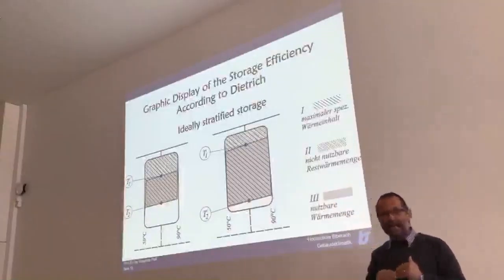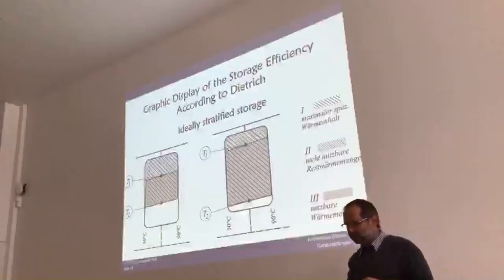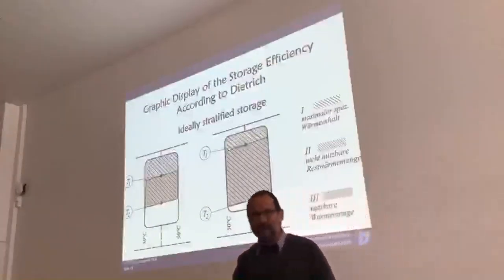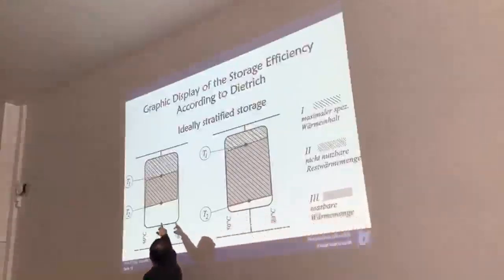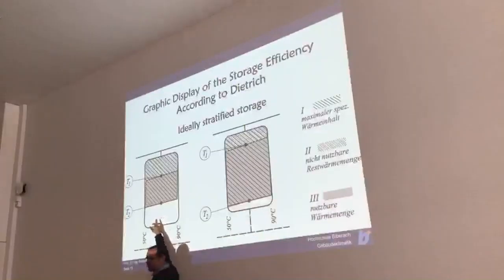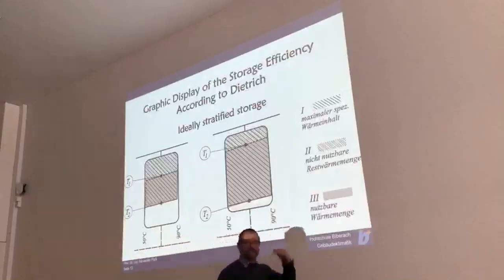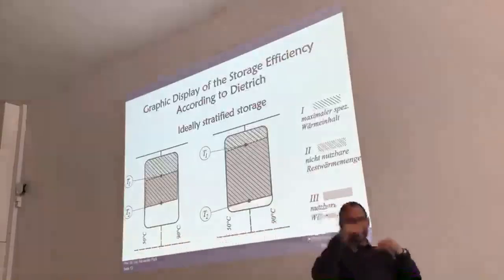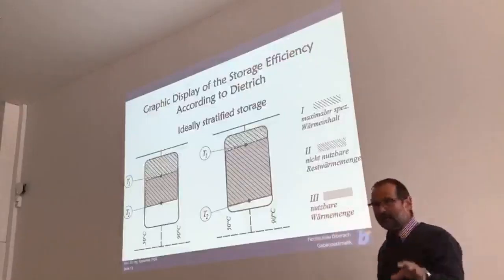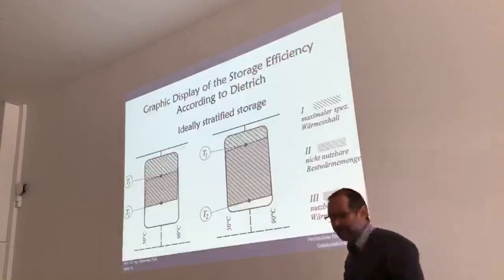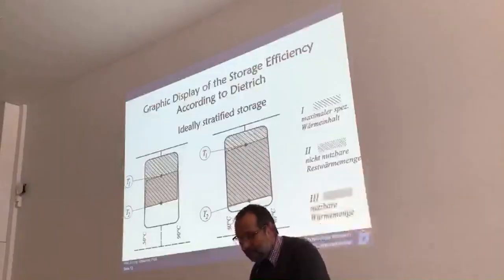And as long as the signal is something in between, it doesn't make a difference. You can say I should switch off the generation if 60 degrees is reached here or 70 degrees is reached here. That doesn't make any difference because we just have 90 and 50 degrees. That is just relevant for an ideal stratified storage tank.